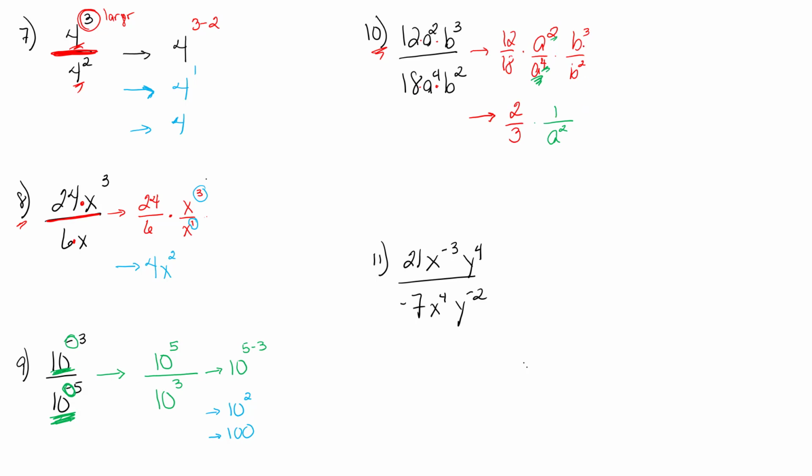Now, on the B's, I'm noticing there are more B's on the top because it's got the larger exponent, which means my answer is going to have the B's on the top. And I do 3 minus 2, which is just going to give me a 1. So, my final answer is going to look like this.